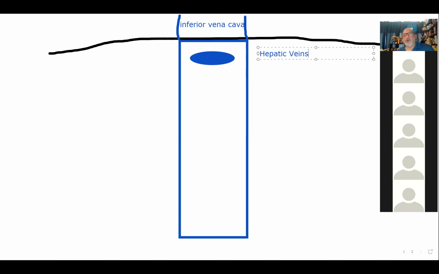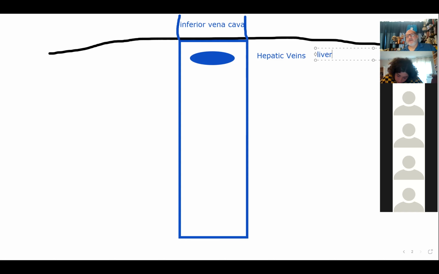There are multiple hepatic veins, anywhere from 2 to, I don't know, maybe in some cases as many as 6. But regardless of how many there are, where do they come from? The liver. Hepatic portal vein. Liver. Yeah, they come from the liver. Absolutely. Excellent.